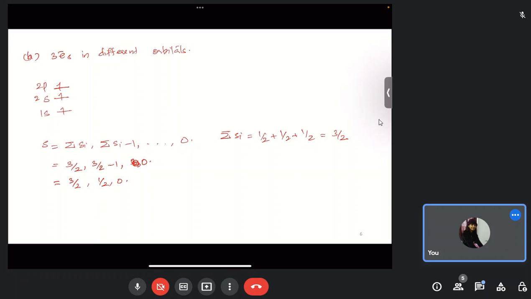Now let's have a physical understanding of what sort of orientation the electrons are adopting in these particular S value cases. In this case, all three electrons are oriented in the plus 1/2 direction, so your S value is 3/2: 1/2 plus 1/2 plus 1/2. Now think about one of the electrons being in the opposite orientation.